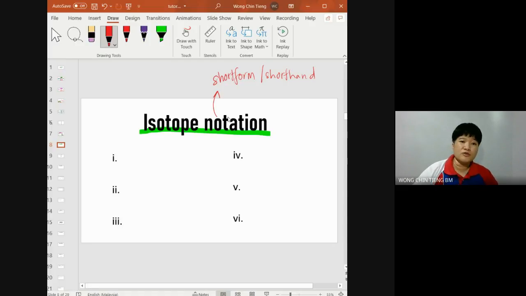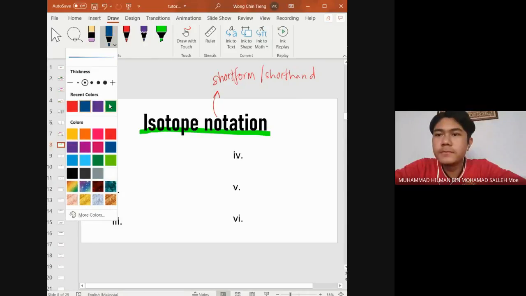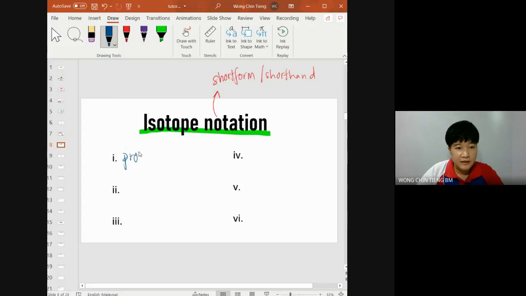So, your isotope notation is a shorthand notation of an isotope, and in this short form, kamu boleh dapat 6 benda. Benda pertama, Hilmi? Human? Proton number. Proton number, Human said. Zikri?